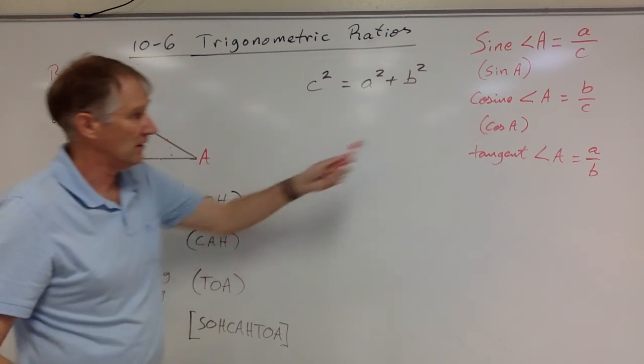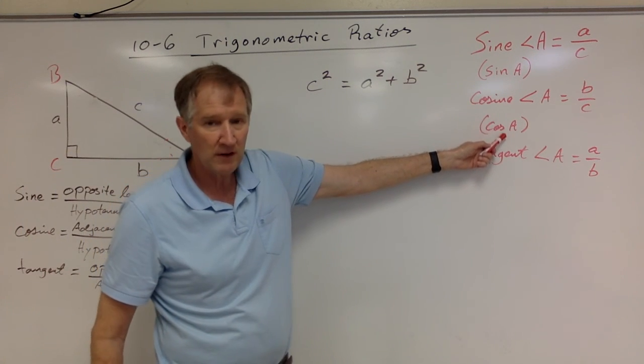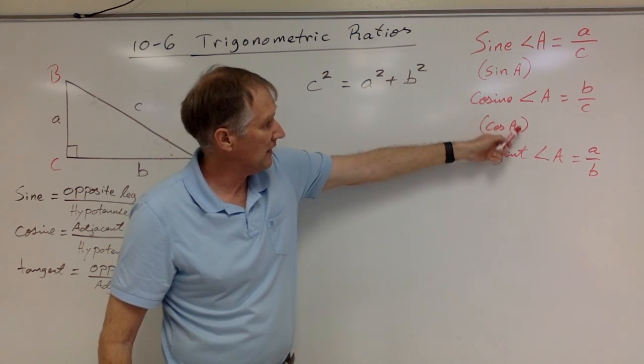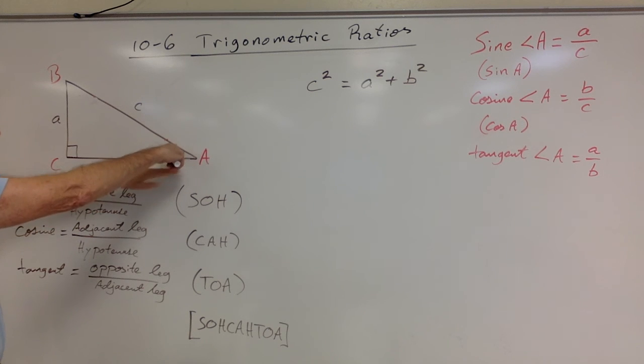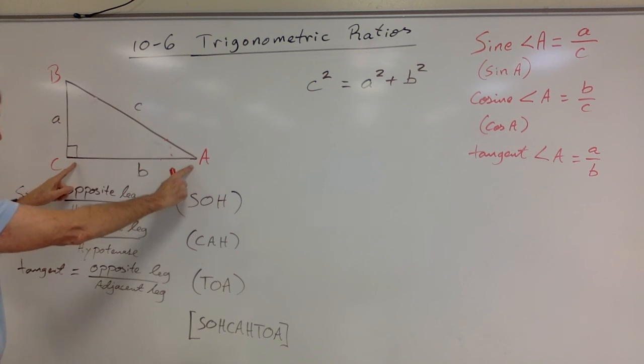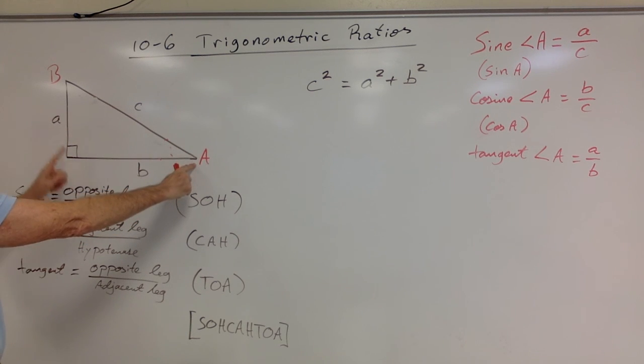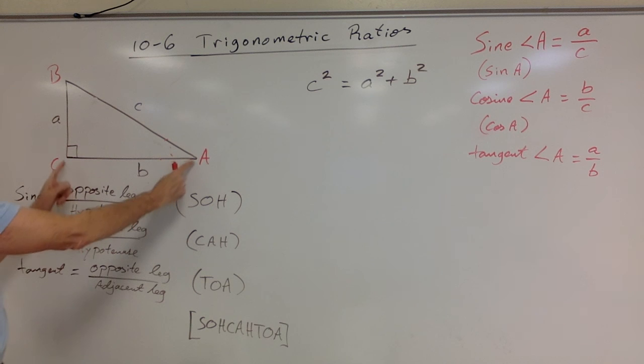The cosine, which is abbreviated cos. The cosine of angle A is the adjacent. Adjacent is not the opposite one, and it's not the hypotenuse. It's the other one. Adjacent leg, which is B in this case, the adjacent leg to angle A is the one that touches it, but it's not the hypotenuse.